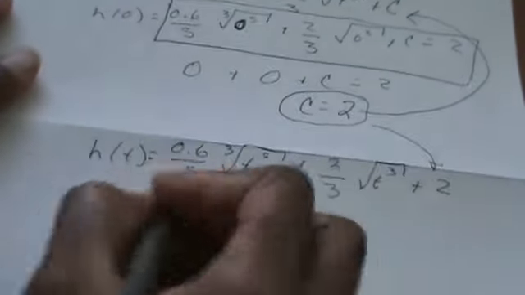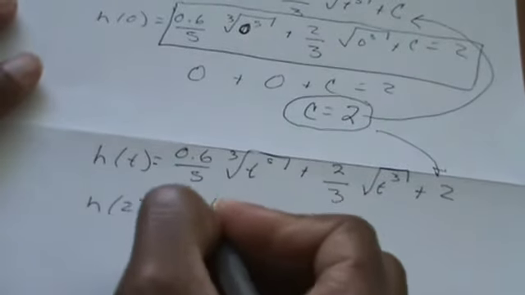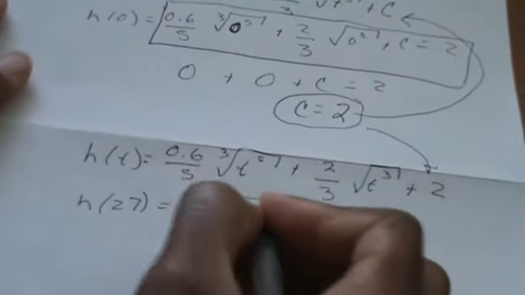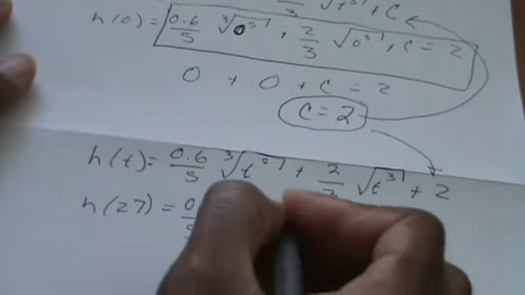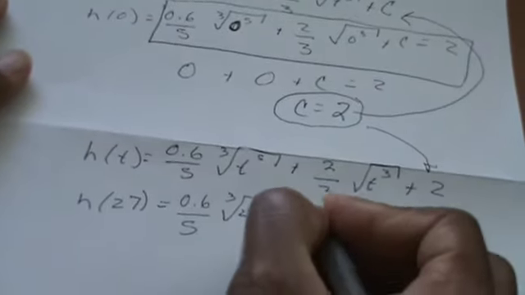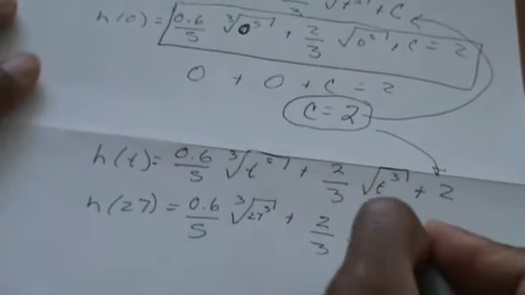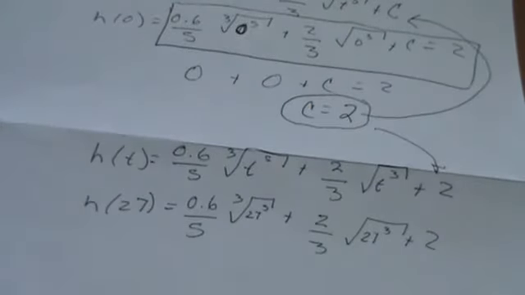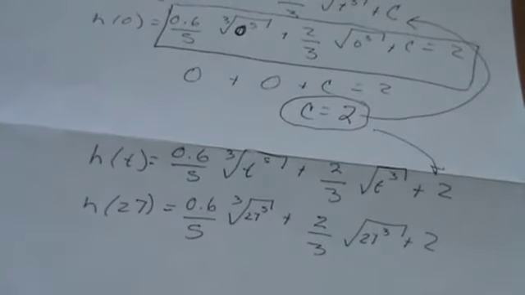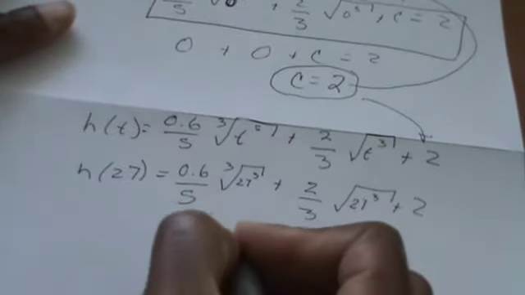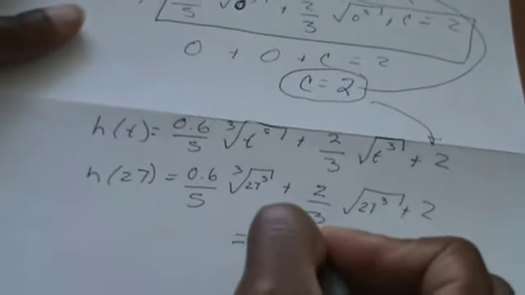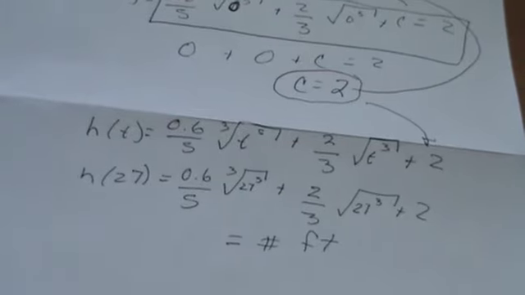Okay, so this is h of 27 is equal to 0.6 over 5 cube root of 27 to the 5th plus 2 over 3 square root of 27 cubed plus 2. Okay, of course you have to be paying attention to the units, and it says that your tree is growing in feet, so you're going to get a number and the units you're going to slap on that is feet. Alright, so there's problem number 44.